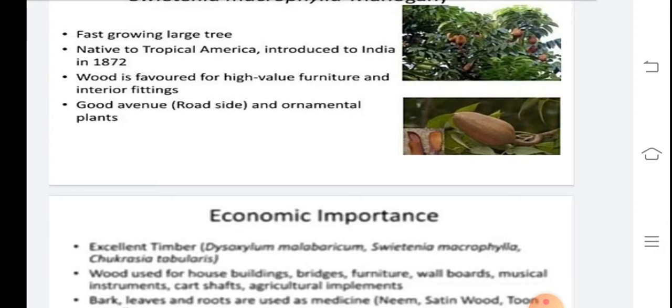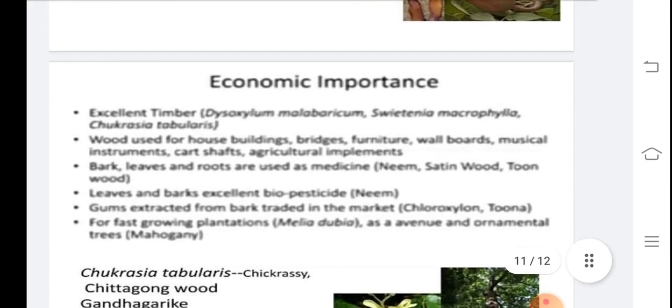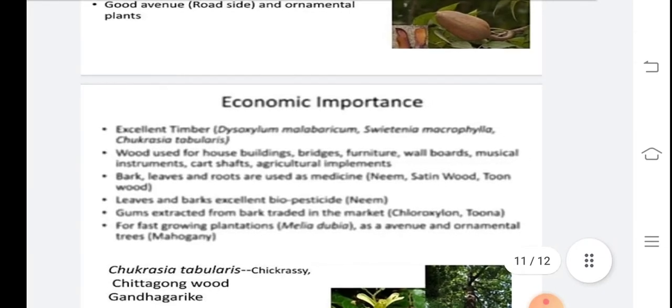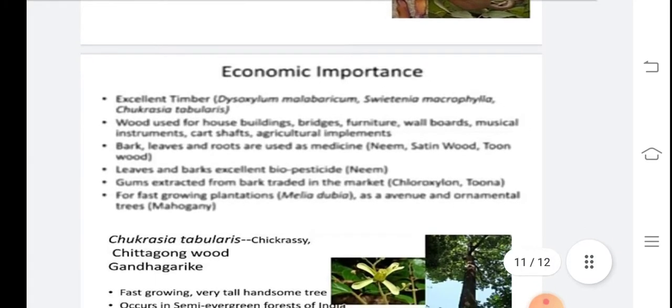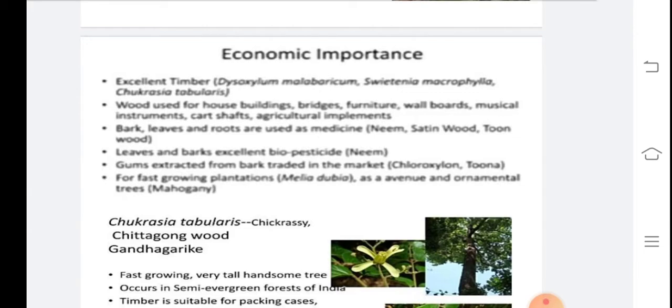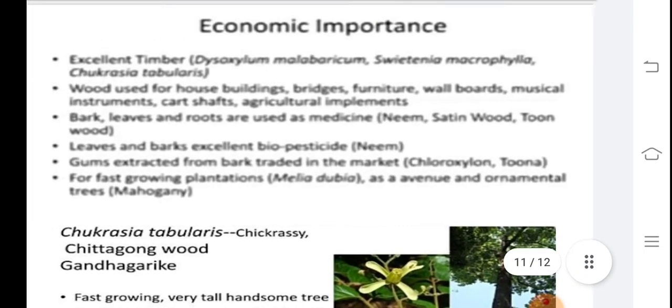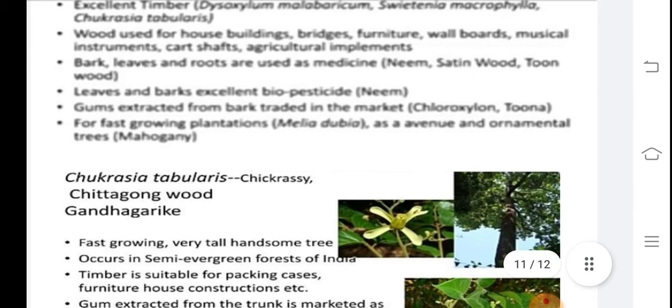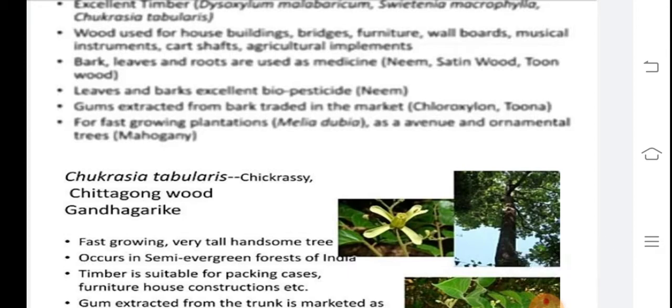Deciduous trees have leaf fall each year, while evergreen trees generally do not. Economically, Dysoxylum and Swietenia are excellent for timber, wood for buildings, bridges and furniture. Neem is an excellent biopesticide.